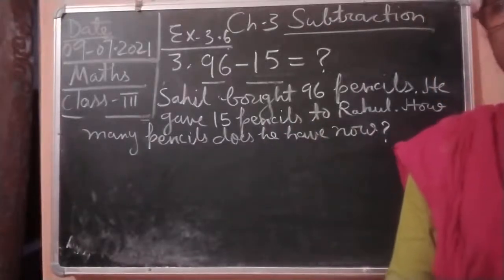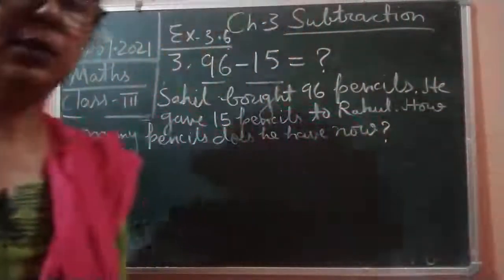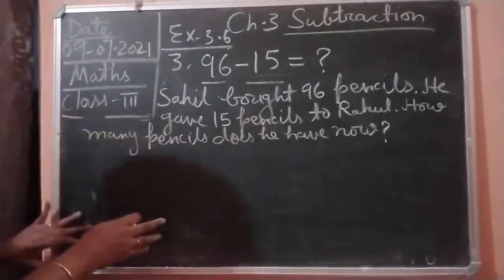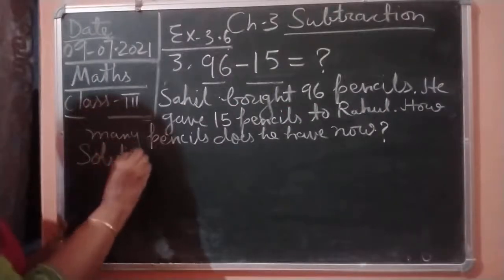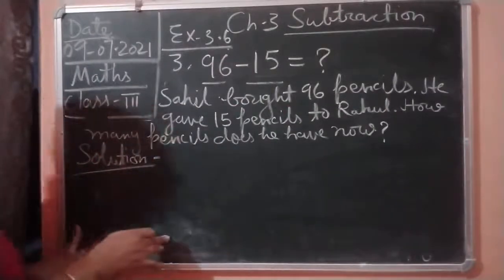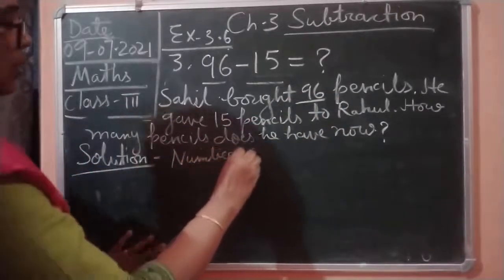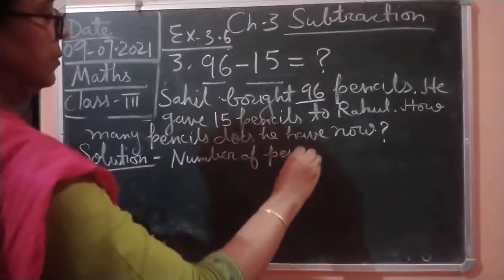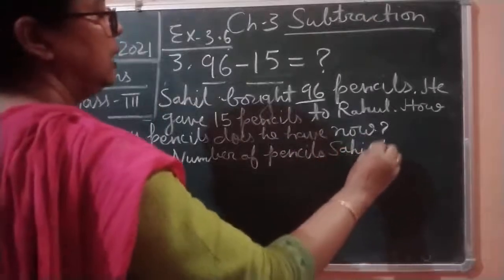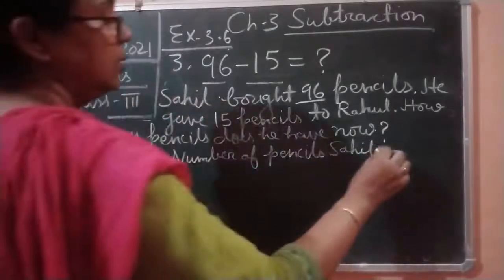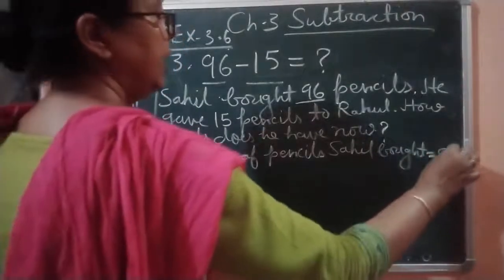Now we are moving to the solution. Same way we are going to write the solution, children. Now I am going to start writing the solution. Okay. So first 96. So number of pencils Sahil bought equal to 96.